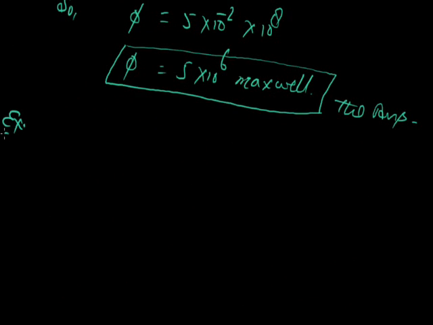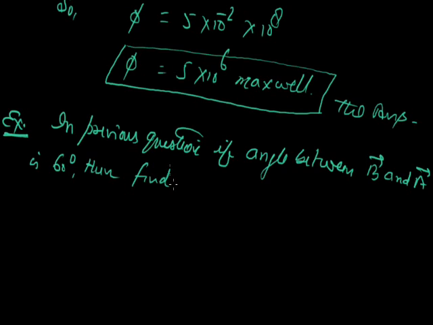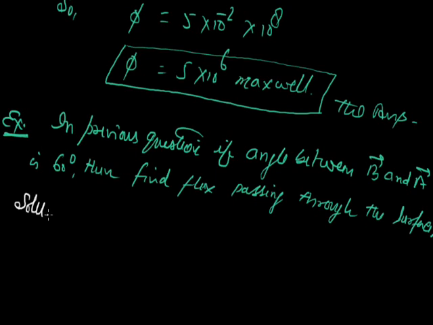Example 2. In the previous question, if the angle between B and the vector area A is 60 degree, then find the flux passing through the surface. Solution.